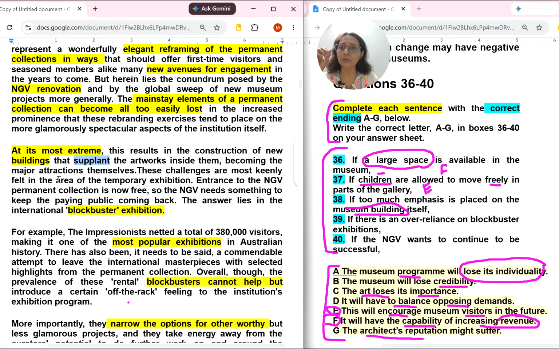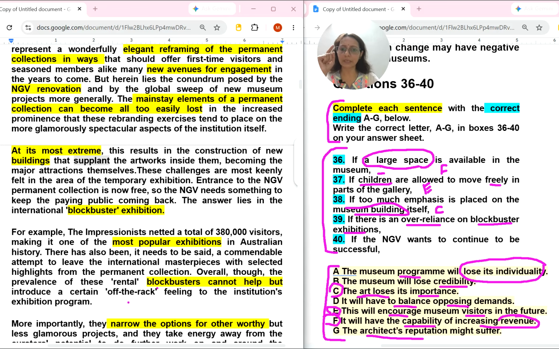These challenges are mostly keenly felt in the area of temporary exhibition. The writer was talking about art, so supplant the artworks. So this also, C will come with number 38. Now 39: if there is an over reliance on blockbuster exhibition.